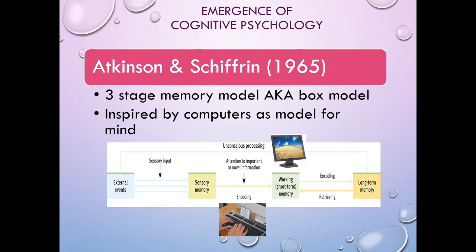In modern computers, there are screens. In old computers like Atkinson and Shiffrin's day, they didn't have a screen of any sort. But today, you would call the working memory your screen on your computer, the random access memory or the RAM, because it's whatever is being currently held.